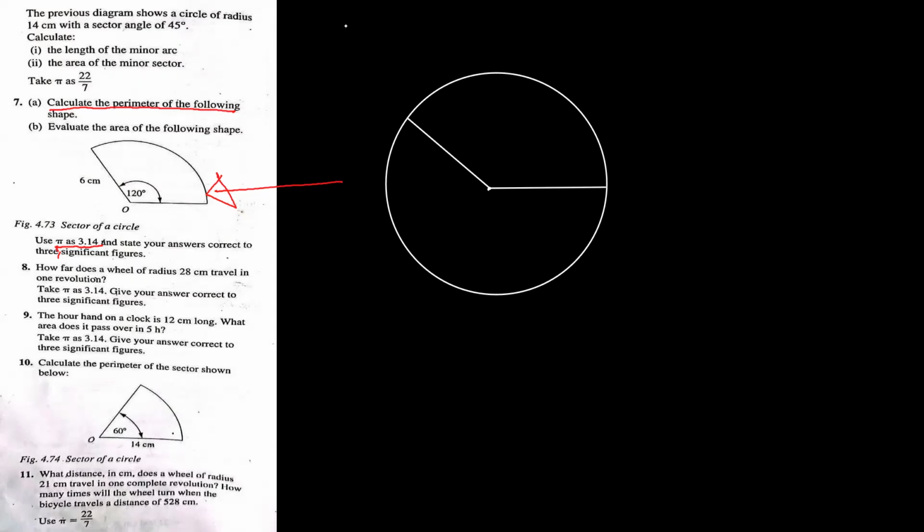Right, so the radius for number 7 would be, anybody want to help him? 6 centimeters. You all agree with that? Somebody said 6. Deshaun, is that correct?